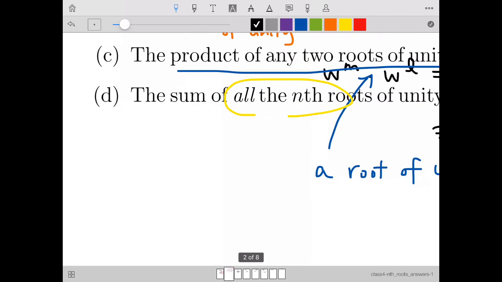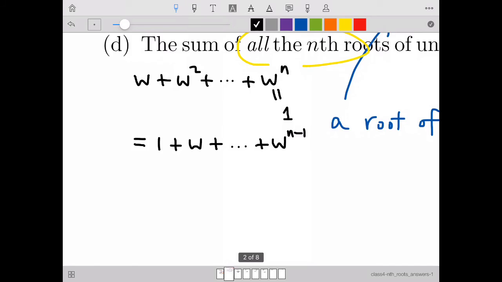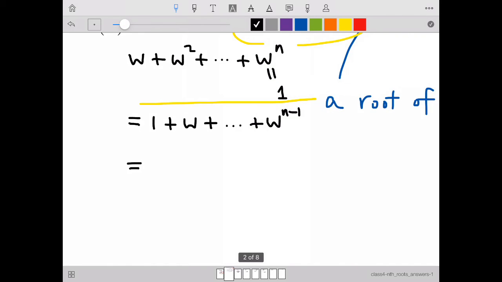That's the question. So we are adding w plus w squared plus dot dot dot w to the n. Well, w to the n equals 1, so this is equal to 1 plus w plus dot dot dot plus w to the n minus 1, which is equal to 1 minus w to the n over 1 minus w.